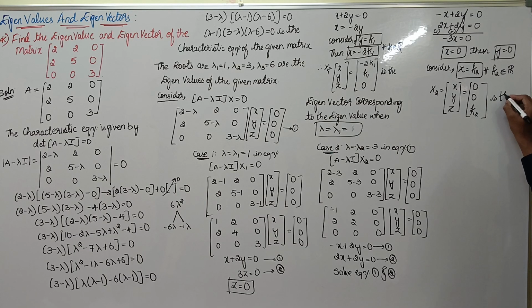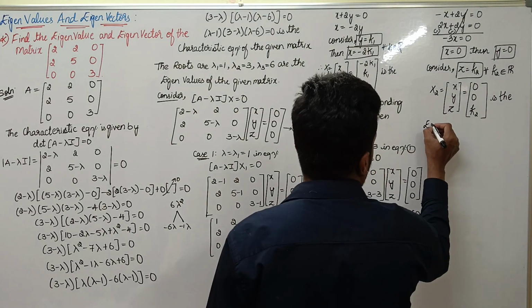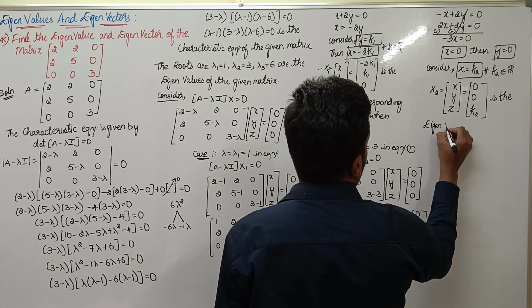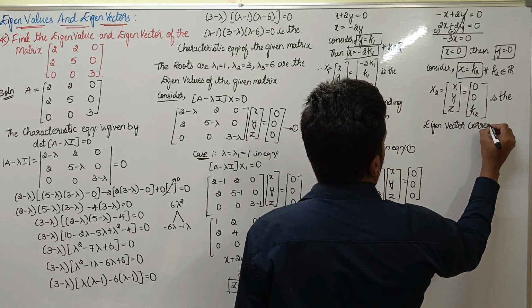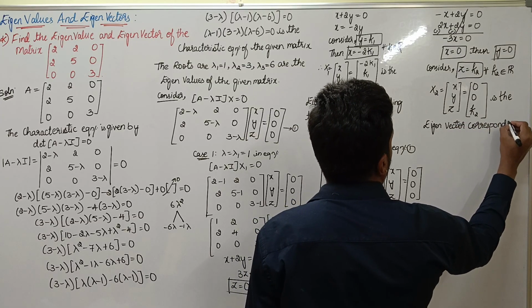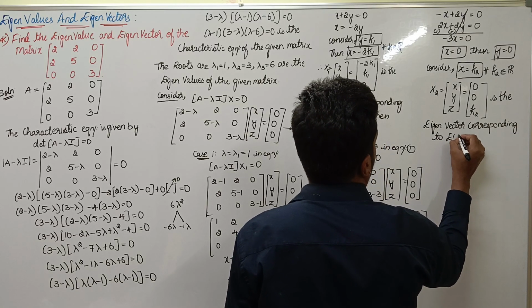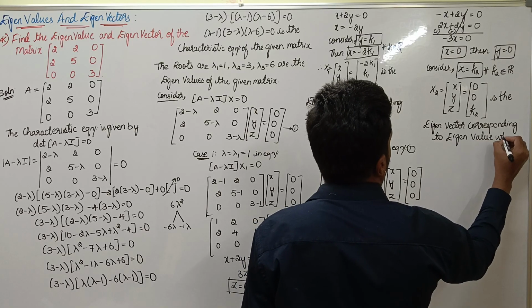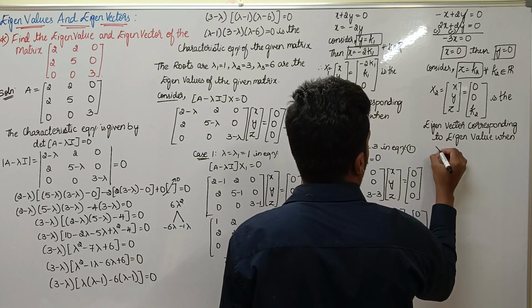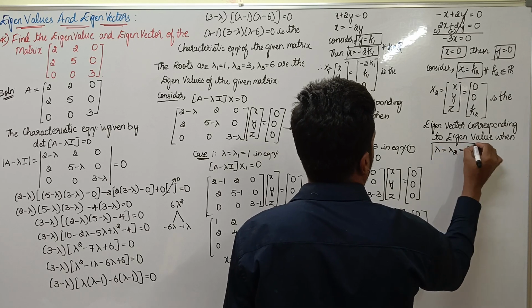This is the eigenvector corresponding to the eigenvalue when lambda equal to lambda 2 equal to 3.